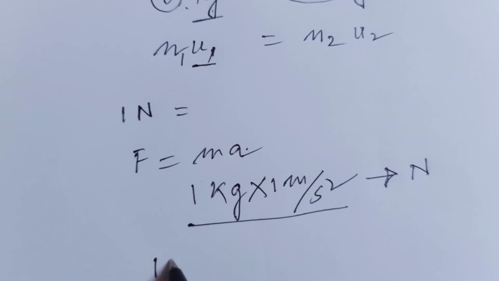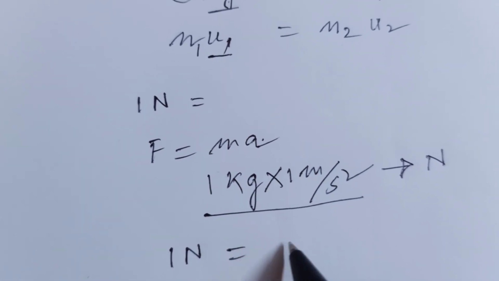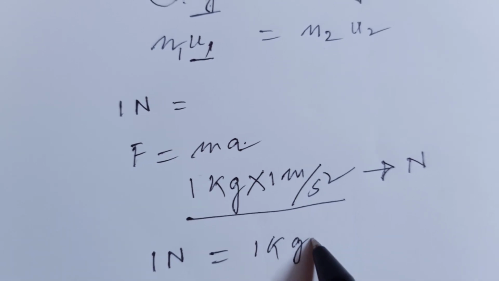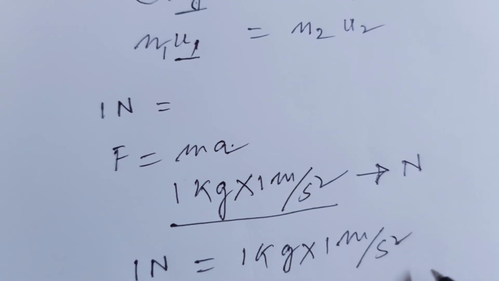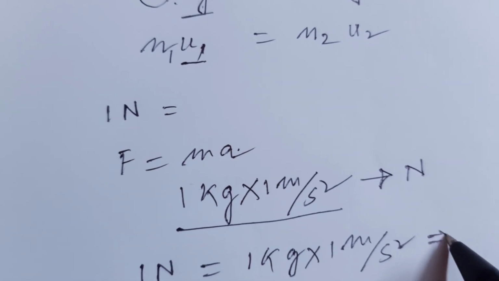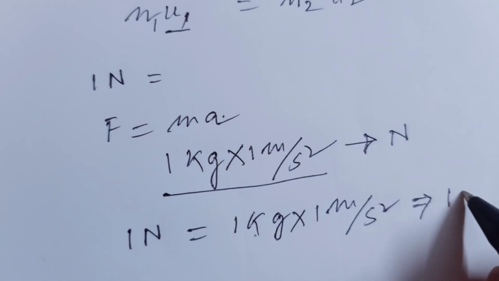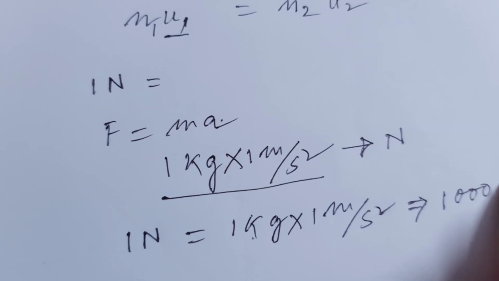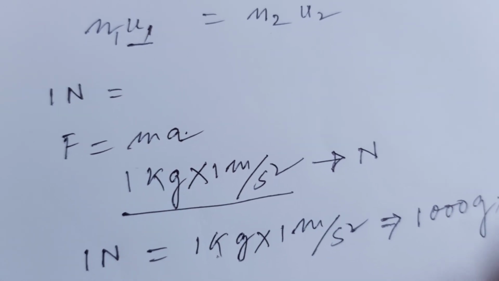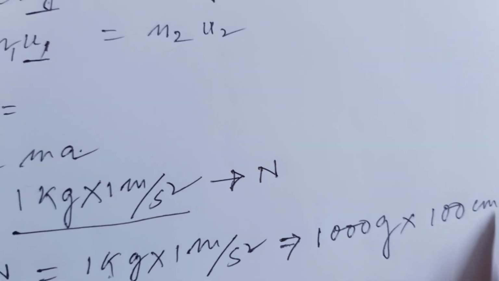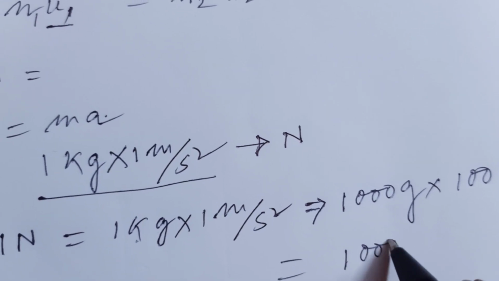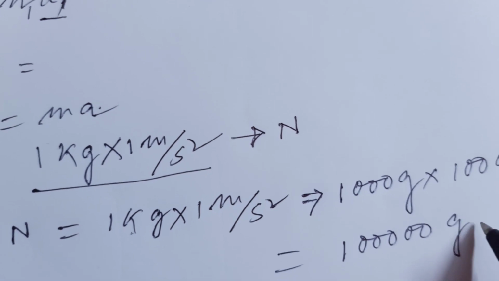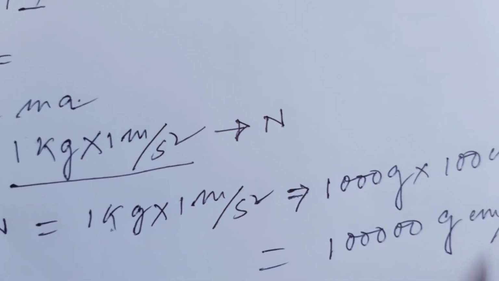So 1 Newton means 1 kg into 1 meter per second square, and if we convert it into the CGS system, then in place of 1 kg we write 1000 gram into 100 centimeter per second square. So this is 1 2 3 4 5 zeros, gram centimeter per second square.